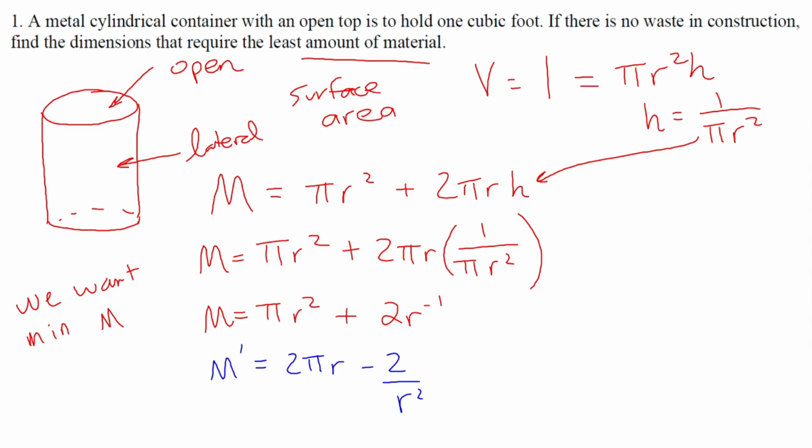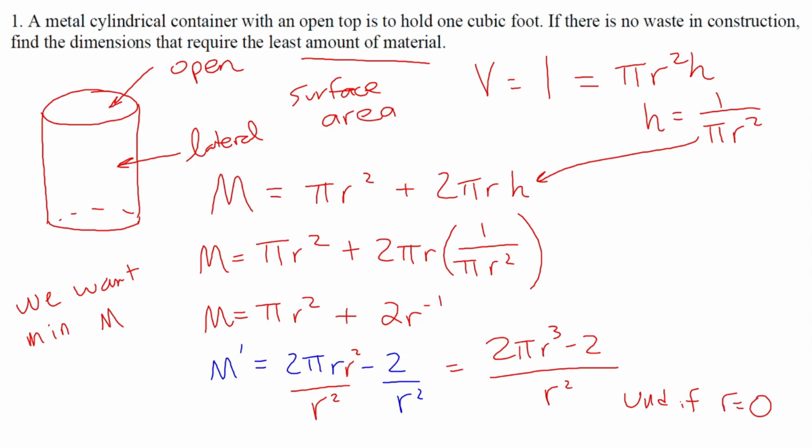We'll put this into a nice easy form to deal with by getting a common denominator. So if I multiply the bottom by r squared, I have to multiply the top by r squared, which is going to give me 2 pi r cubed minus 2 over r squared. Now, we know that this is undefined if r equals 0, but we're not even going to worry about that, because a radius of 0 doesn't make any sense for a cylindrical container.